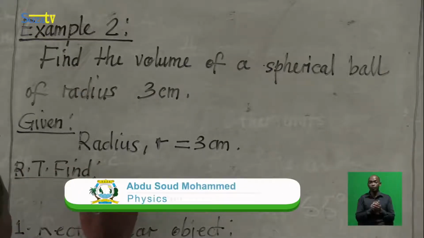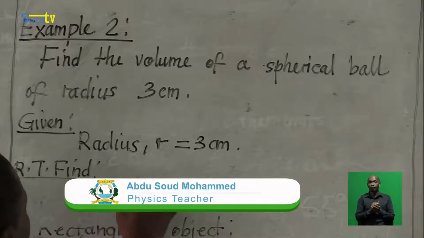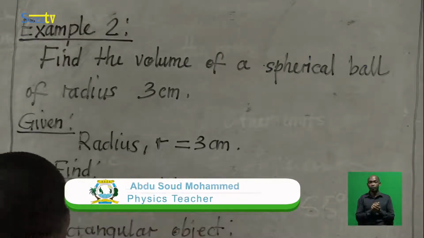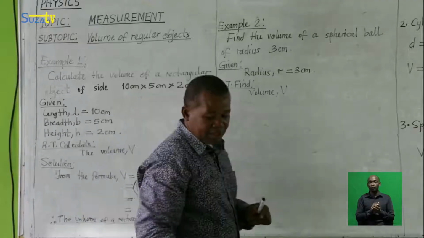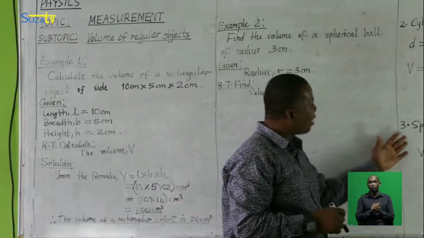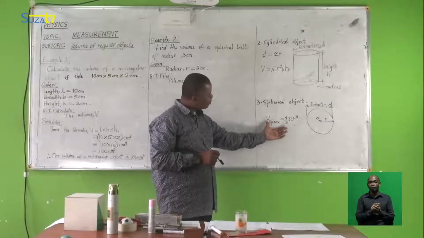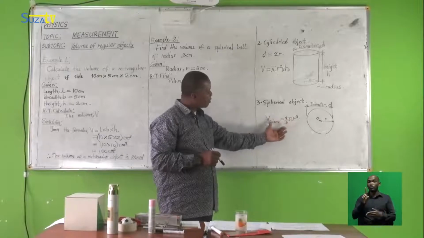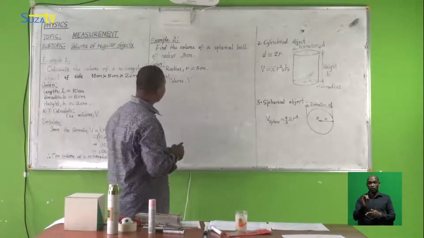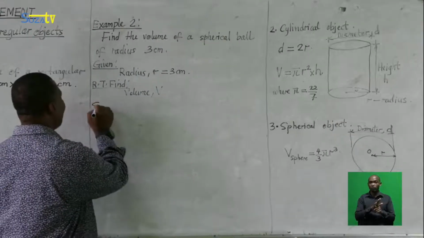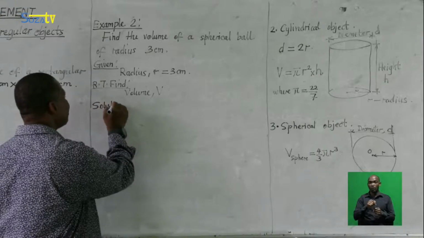Required to find the volume V. From the dimension, we have the radius, but the volume of the sphere, we are coming to the solution.